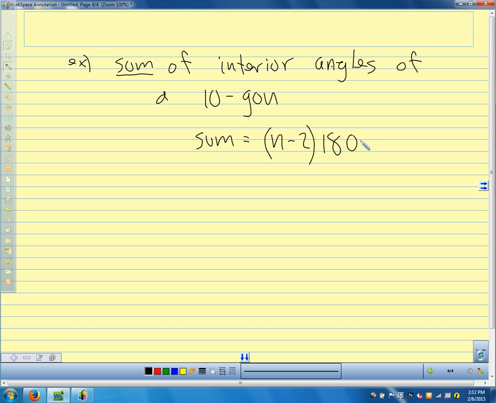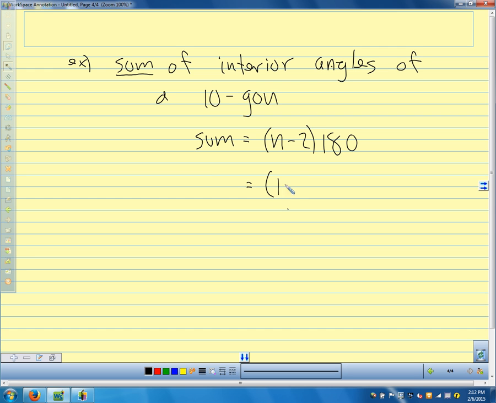And here what's n? How many sides? 10 sides. This tells us how many sides. What's another name for a 10-sided polygon? Decagon. Deca means 10. And in the decimal system, deci means tenth. Dividing everything into tenths. Anyway, so we plug that in.